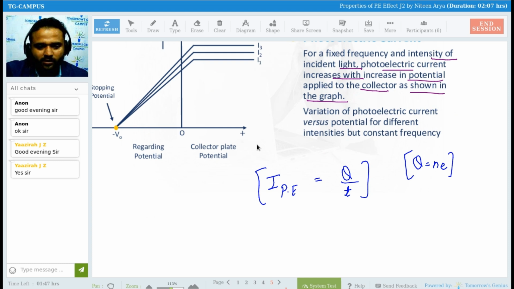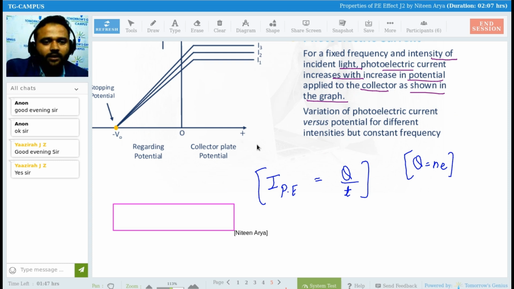As you can see, this is my vacuum chamber. In this vacuum chamber, this is the plate C, where the number, or you can say intensity, is going to be it, and this is the plate A. This basically generates the photoelectrons.